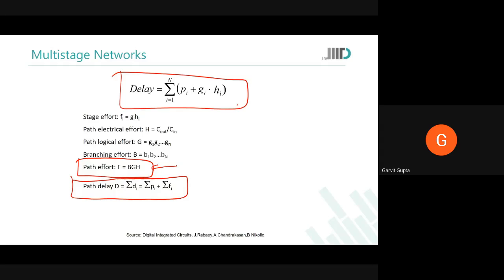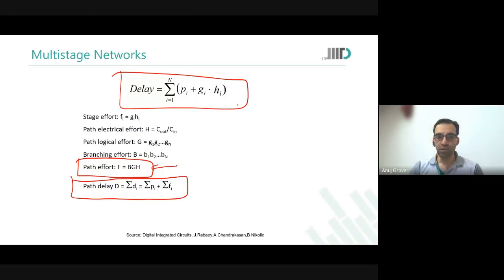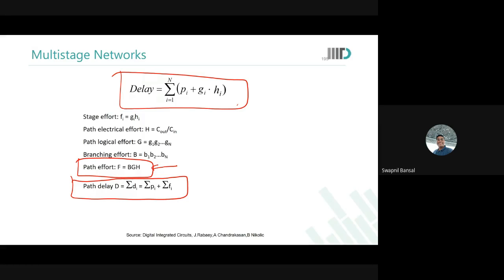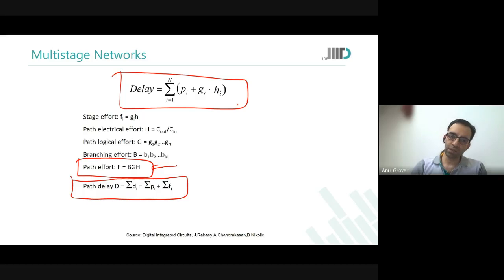Sir, we had that confusion last time, so can you just go over it? I didn't get it resolved. So you were confused about the branching part, when we were saying whether we take 36 or 18. The point is that when we start looking at delays, we will not use the BGH formula.